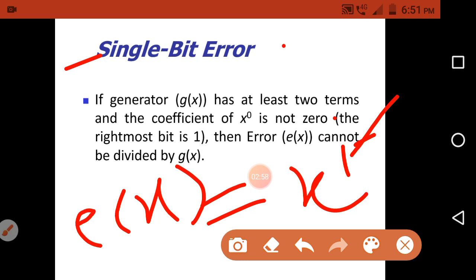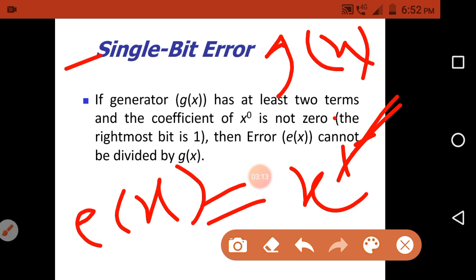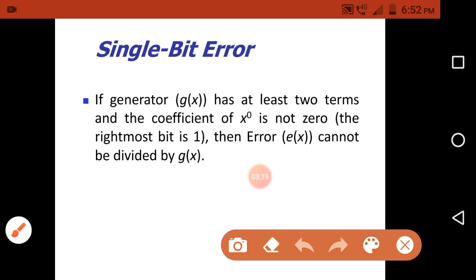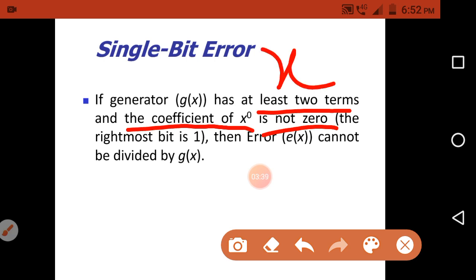Next, what type of generator, that is g of x, or what type of divisor do we need to use so that we can detect this single bit error? What is the form of that generator? Here the generator must have at least two terms, and the coefficient of the last term, x raised to 0, must not be 0. The coefficient of x raised to 0 must be 1.